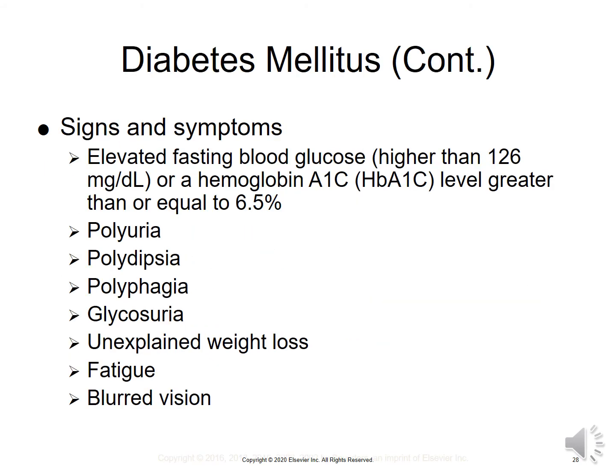Diabetes. So signs and symptoms. An elevated fasting glucose over 126 or a hemoglobin A1C of greater than 6.5. Polyuria, polydipsia, polyphagia, glycosuria, that means glucose in the urine, unexplained weight loss, fatigue, and blurred vision are all signs of hyperglycemia.